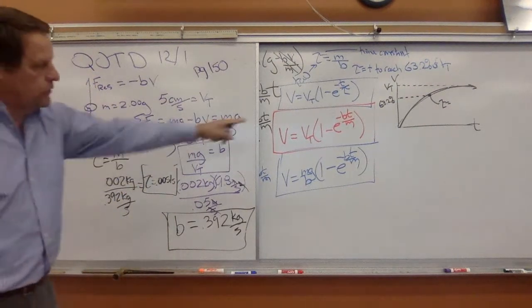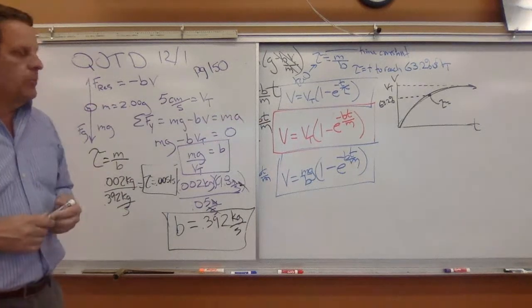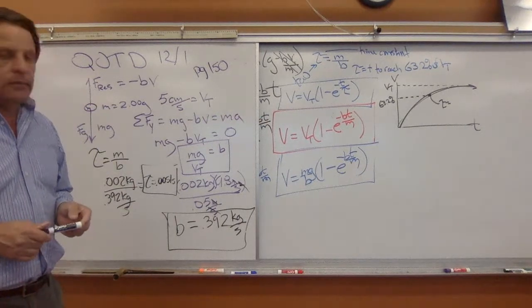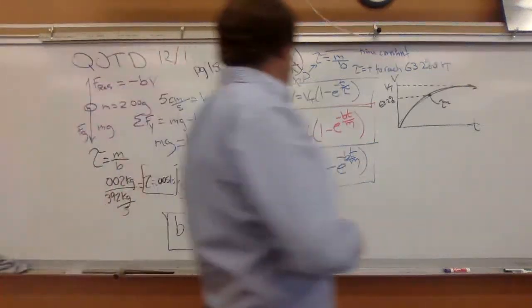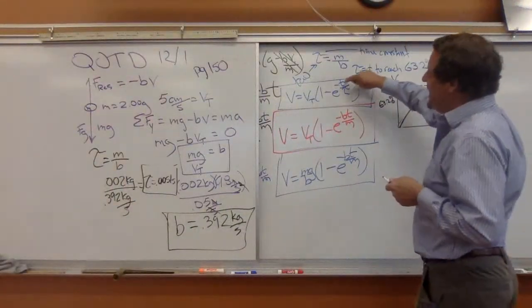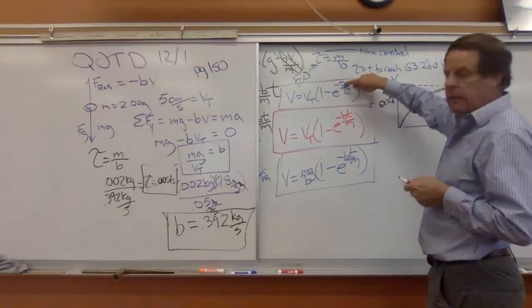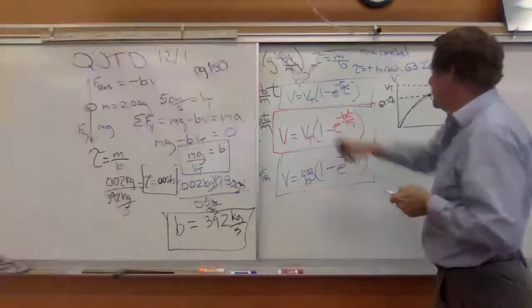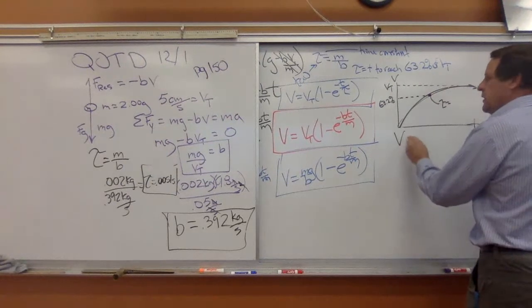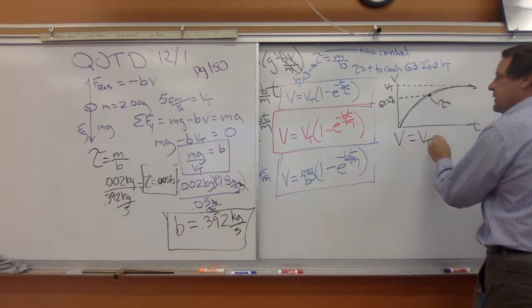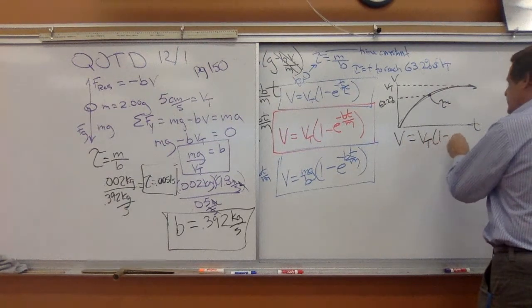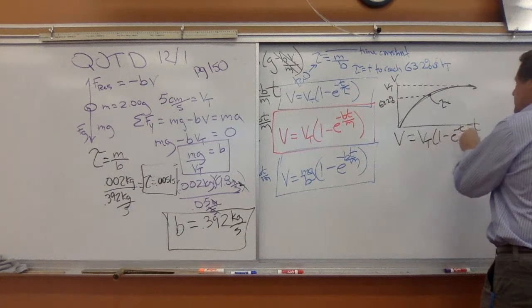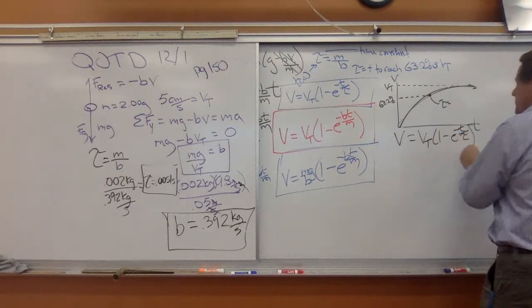Okay, so I'm going to move this over to here where we have more space. So we want to know what the time is. What is the time it takes to reach 90% of our terminal velocity? So I'm going to use this equation. V is equal to Vt times 1 minus e to the negative t over tau.